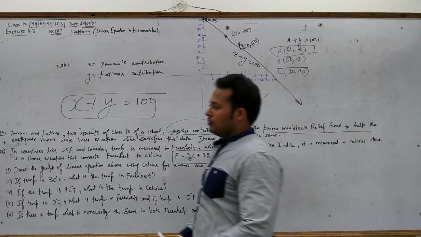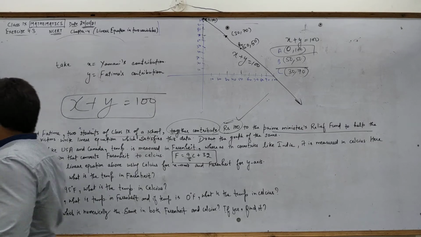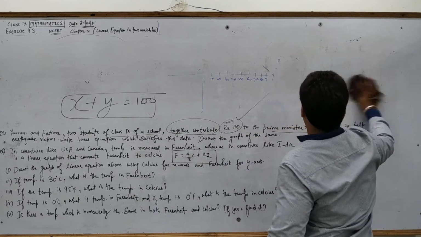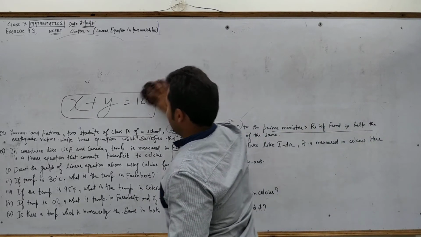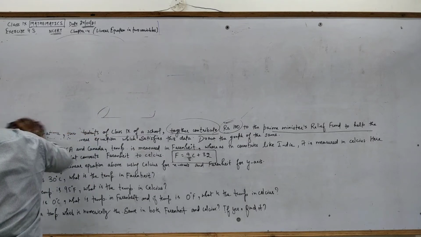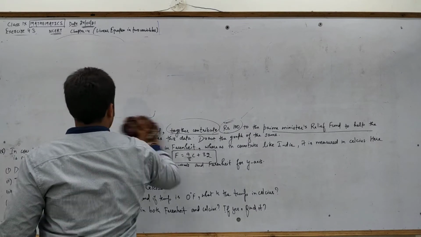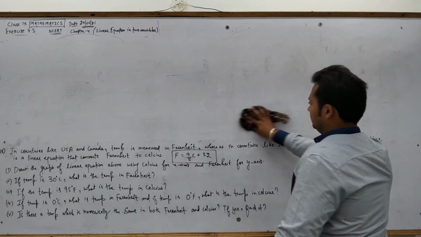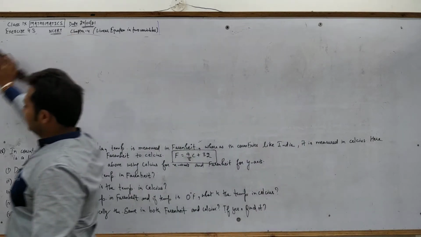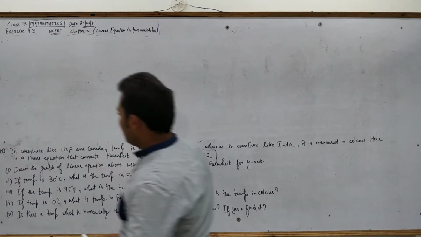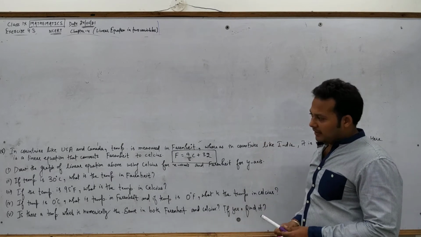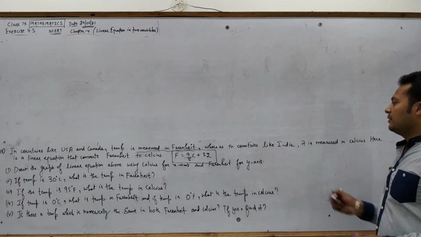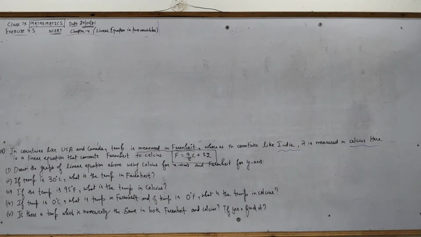Next is the last question of this exercise. Let's do. See bachche, in countries like USA and Canada, temperature is measured in Fahrenheit, whereas in countries like India, it's measured in Celsius.